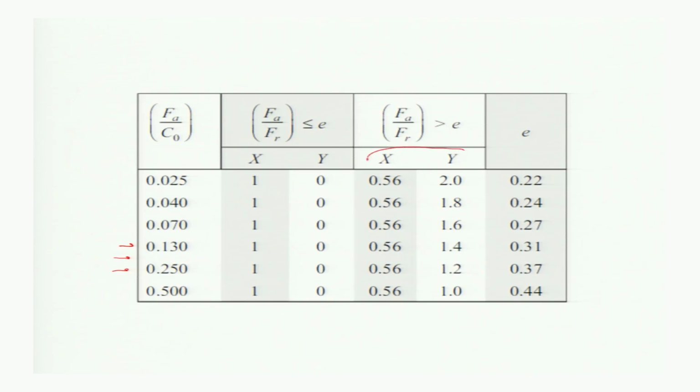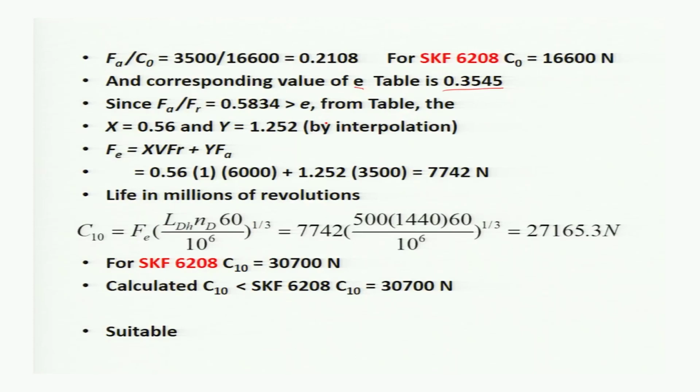So X and Y we will determine from this, not from this, because that is for Fa upon Fr less than or equal to e. From that we got the value of X as 0.56 and Y equal to 1.252 by interpolation.